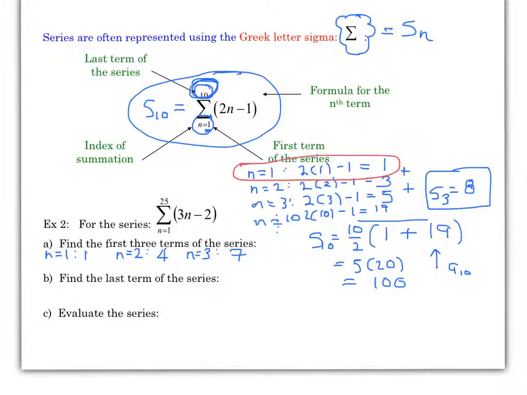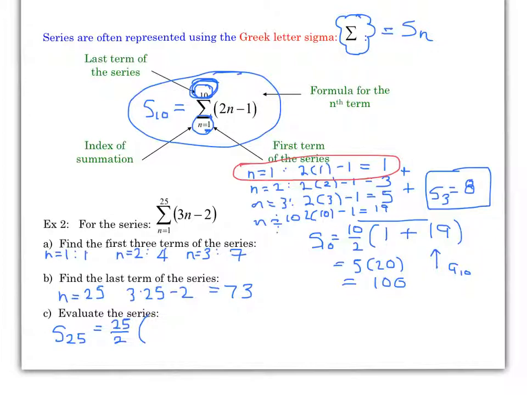The last term is when n is going to be 25. So it's just 3 times 25 minus 2, so that's going to be, what, 73? And here, if we want to evaluate the series, what that's asking for is s sub 25. So that means n is 25. So we have 25 divided by 2.